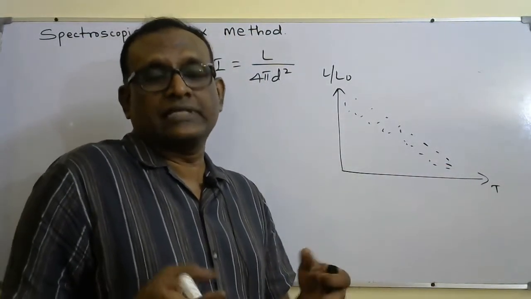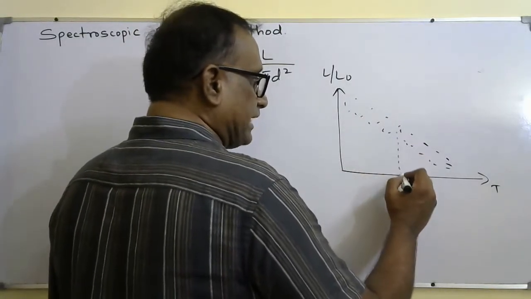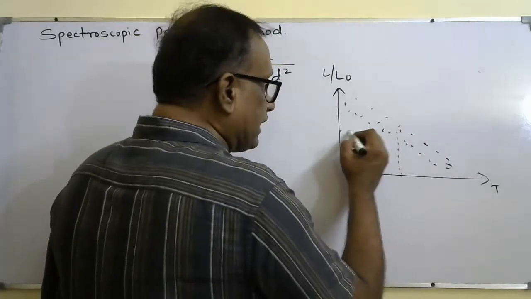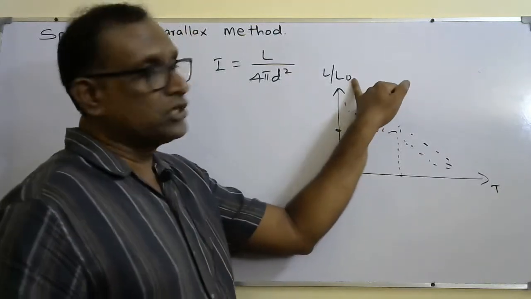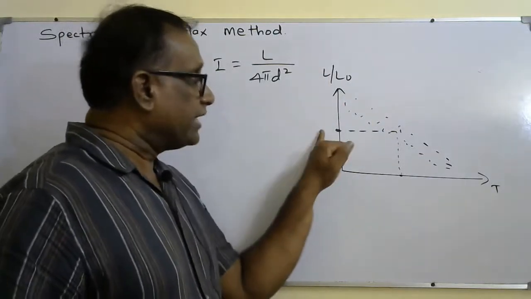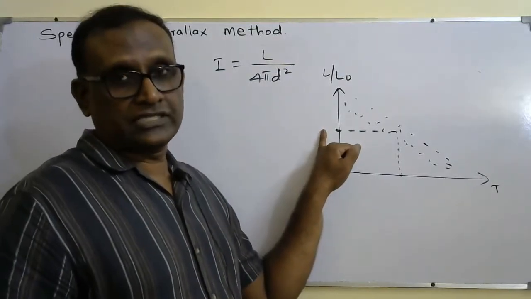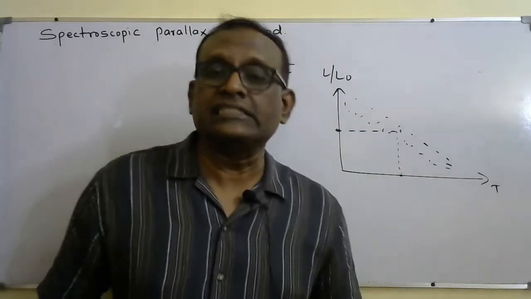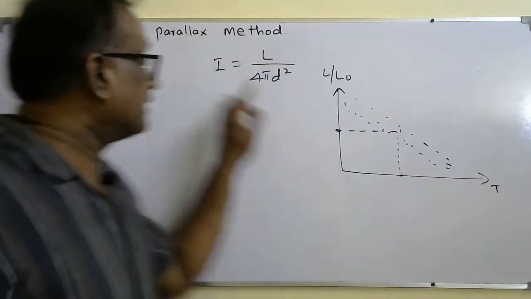It's a wrong assumption, but there's no other option. We assume the star is in the main sequence. So if the temperature is something like this value, from the HR diagram, find the relative luminosity. Since we know the luminosity of the Sun, we can find the luminosity of the star. Now we know the luminosity of the star. Then measure the intensity or radiation flux for the light coming from the star. Measure the intensity.